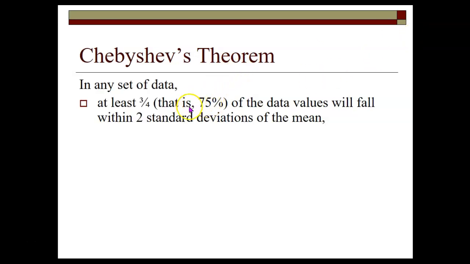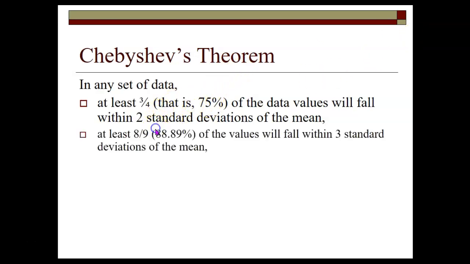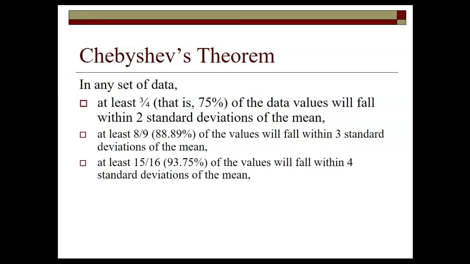And then there's other parts to the theorem. At least 8/9 of the values are guaranteed to be within 3 standard deviations of the mean. At least 15/16 of the values are within 4 standard deviations of the mean, and so on. The general pattern here is that this fraction has a perfect square on the bottom, and then 1 minus that perfect square on the top.